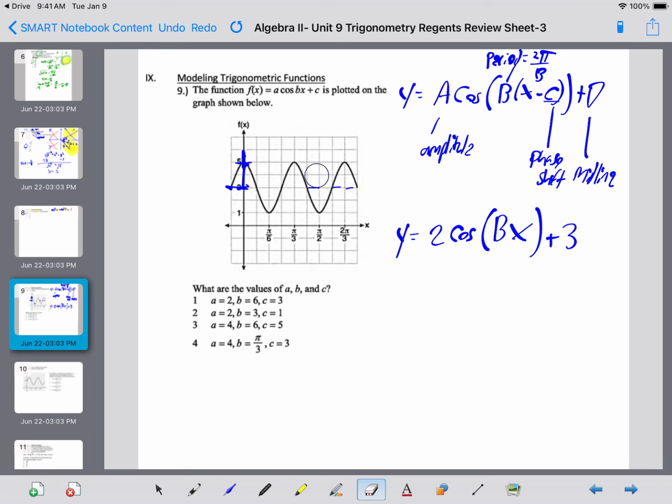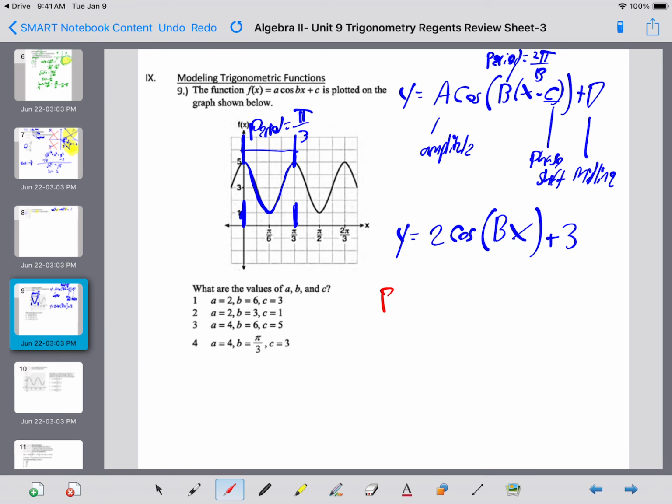B indirectly gives you period, right? So look at this. Starting at 0, when would the pattern restart? Going around, going around. Oh, it would restart right there. So from 0, it goes all the way to pi over 3. So your period equals pi over 3.